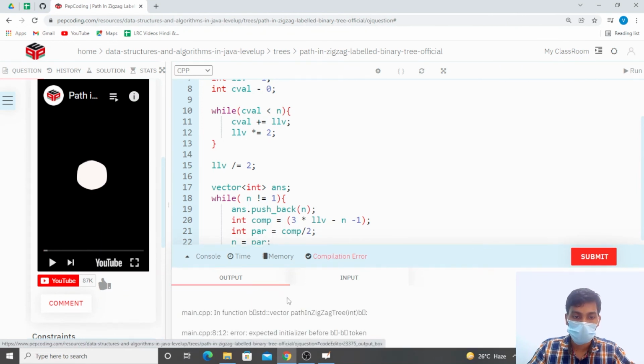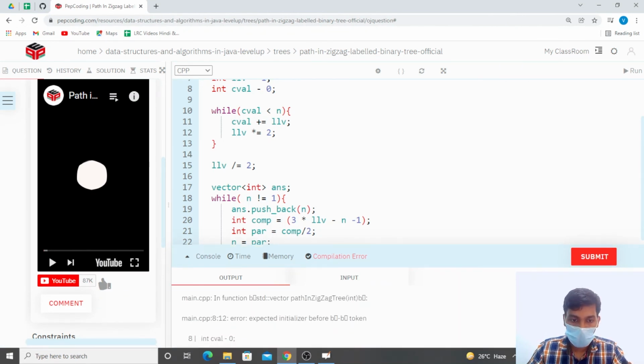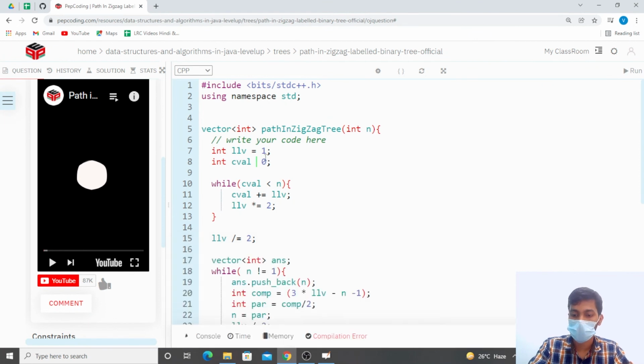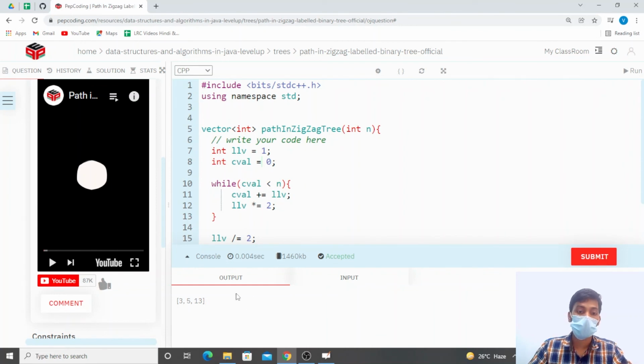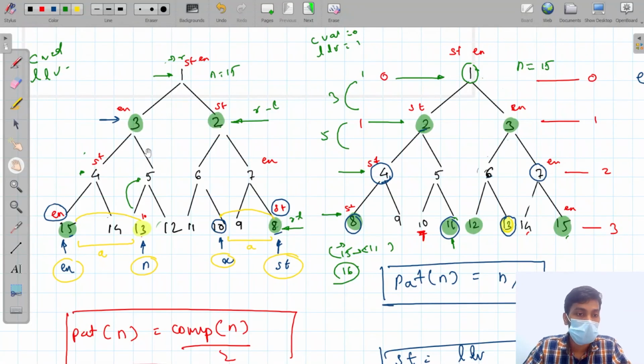Okay, there is a compilation error, there is somewhere a mistake here. Now run this code. Okay, it is accepting, but now let's see what is the answer. The answer is coming 3 5 13. As you can see, 1 is not being included.